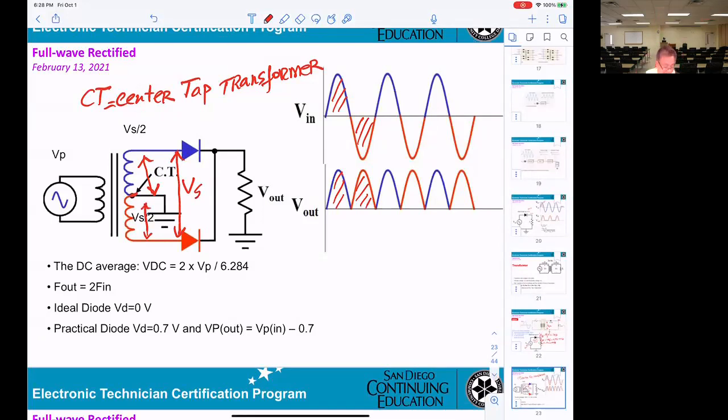Divide in half. So the value for this first one will be V secondary divided by 2. And the second one, the same thing. I'll give you an example. If you get 50 volts on the secondary, then this one will be 25. This one will be 25.